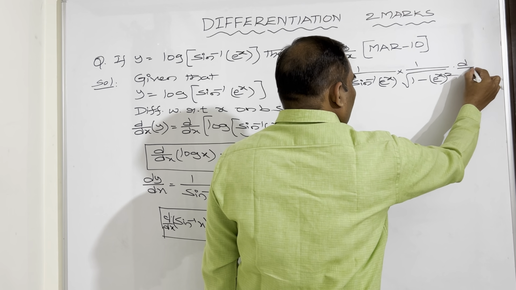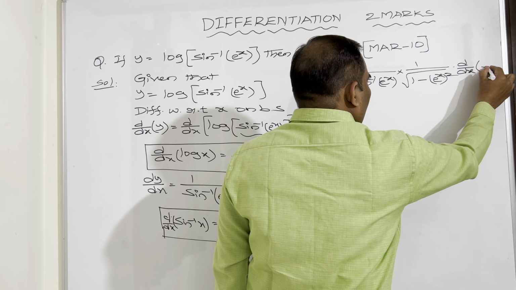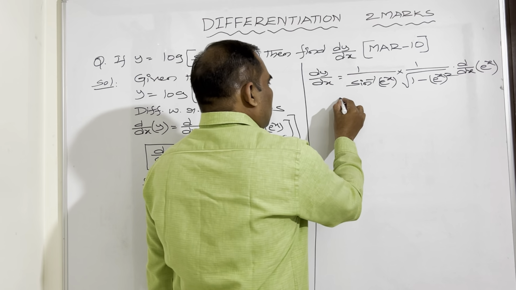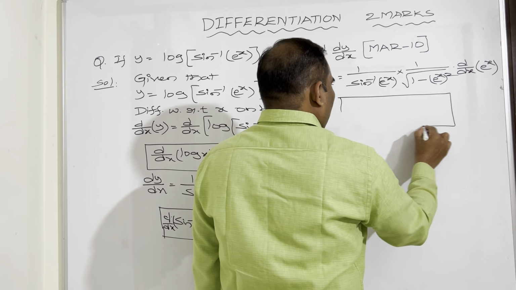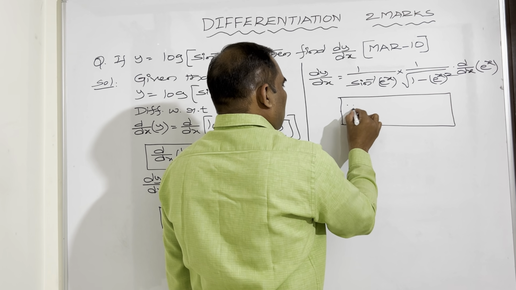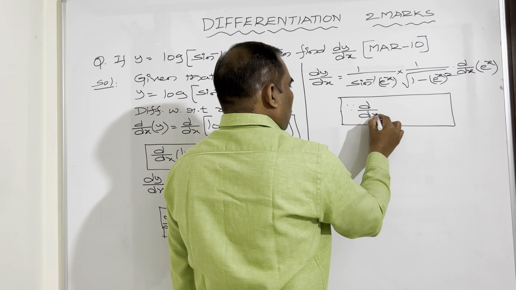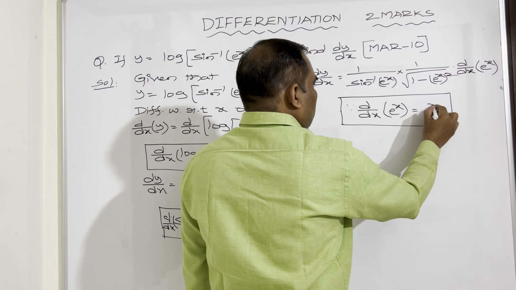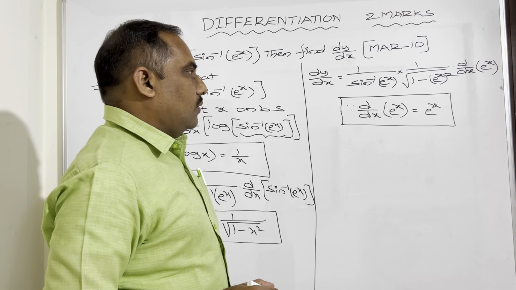Again we have to do the derivative of e to the power of x. But we know that the derivative of e to the power of x, d by dx of e power x, is equal to e to the power of x.